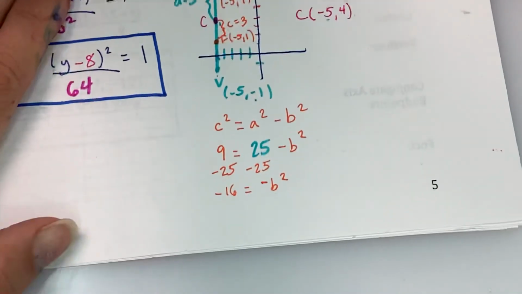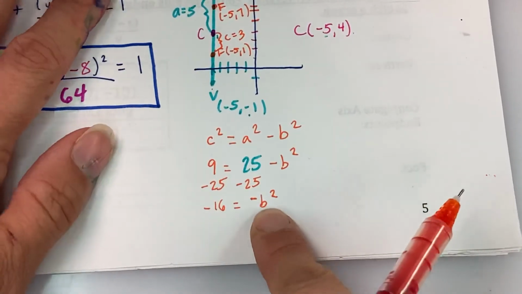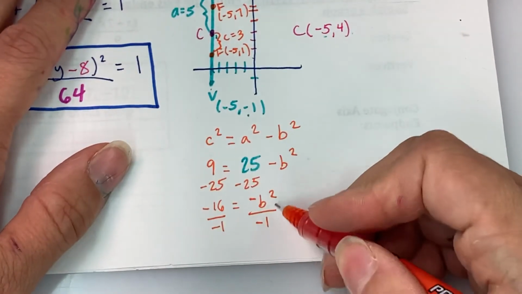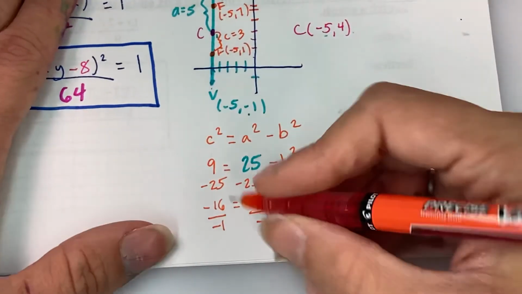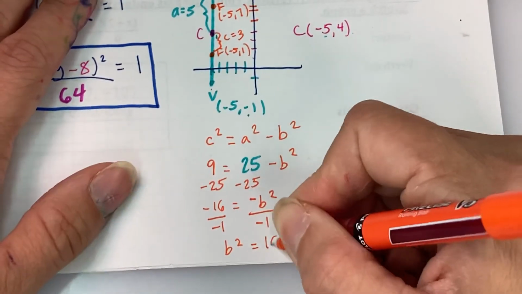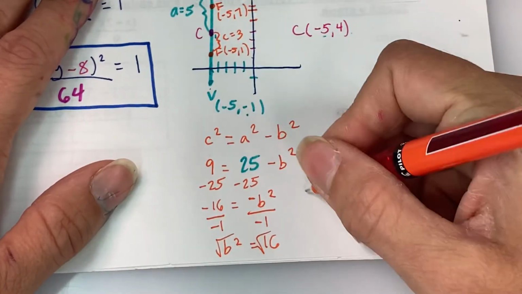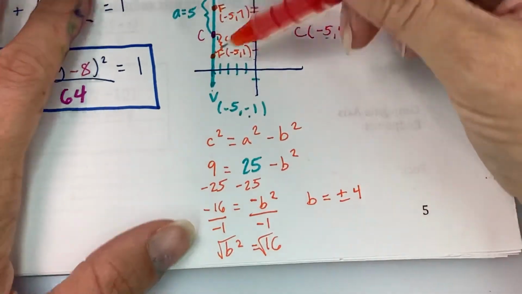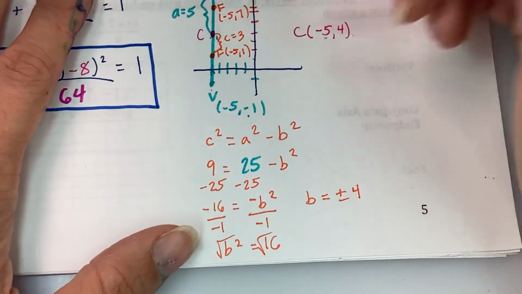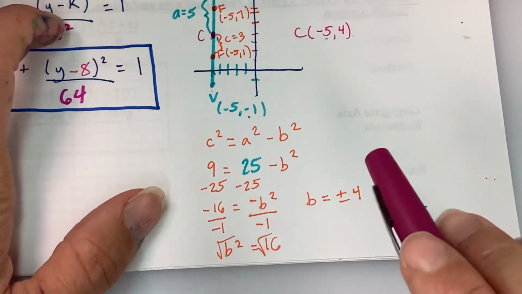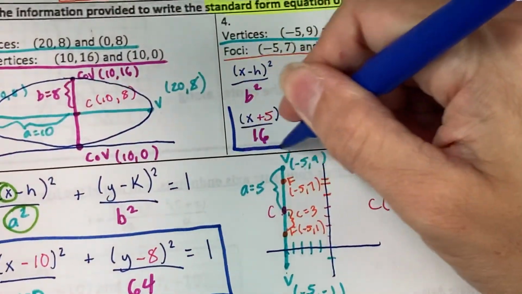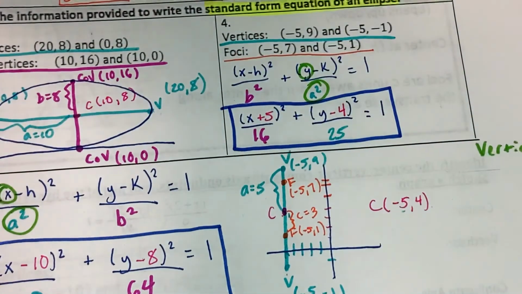Now, if this is making you a little bit nervous, like, I'm pretty sure we can't take the square root of a negative because that would give me i, instead, we aren't going to square root yet. We're going to completely isolate that b squared, which means getting rid of that negative out in front. So b squared equals +16, so square root. And b equals plus or minus 4, meaning for our b value, we're going to go left and right of the center to get our co-vertices. So if b is 4, then b squared is 16. Woohoo! And we have now written the equation of that ellipse in standard form.